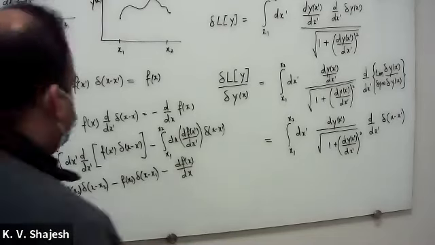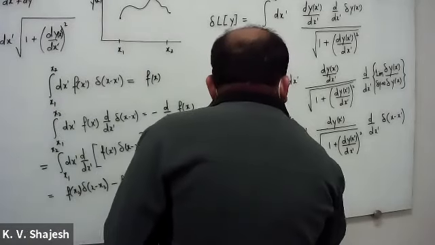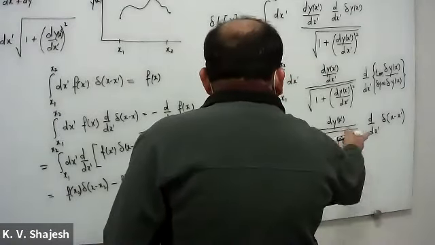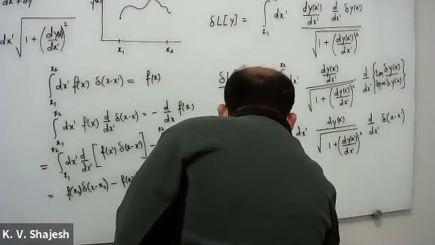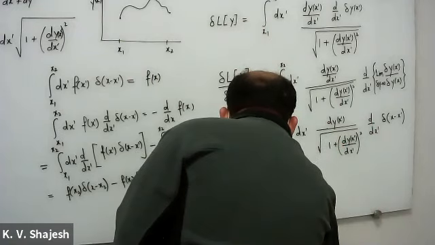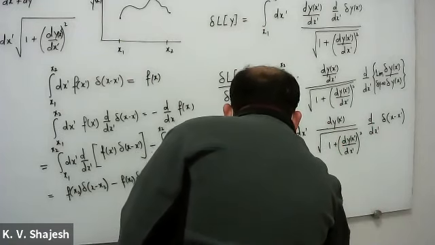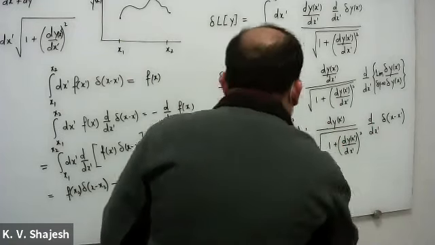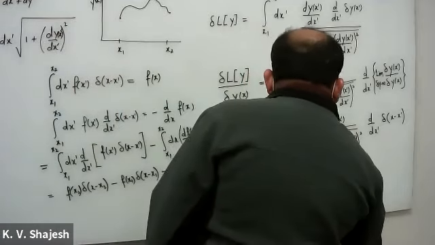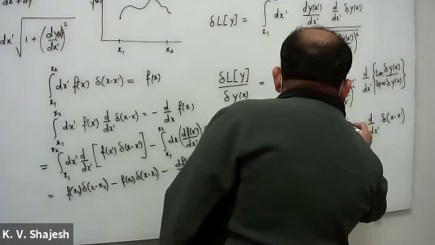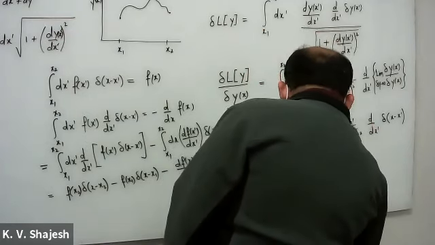and write this as, because this is equal to, I just evaluate this at d by dx, right? D by dx of, oh, this was d by dx prime.